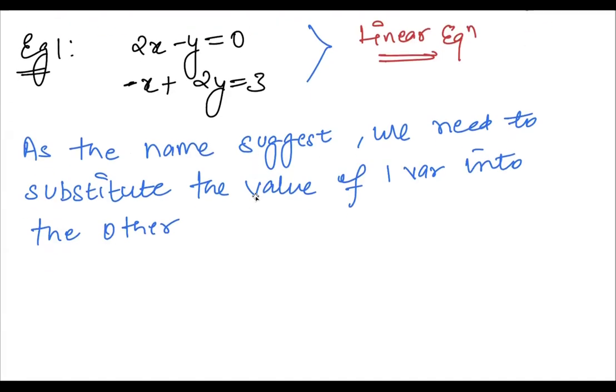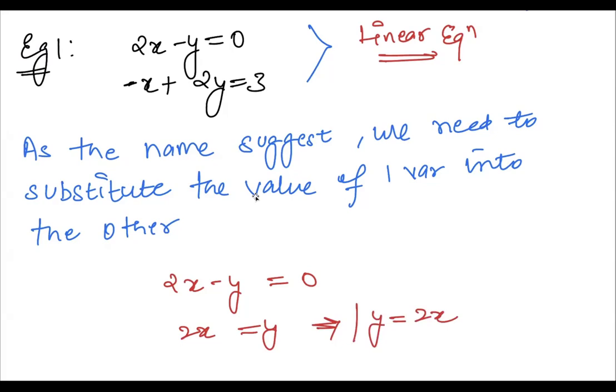So let's try to understand how we can use this substitution method. We have 2x minus y is equal to 0. Can I write 2x is equal to y, or y is equal to 2x? I have just shifted this to the right hand side. So y is equal to 2x, right?